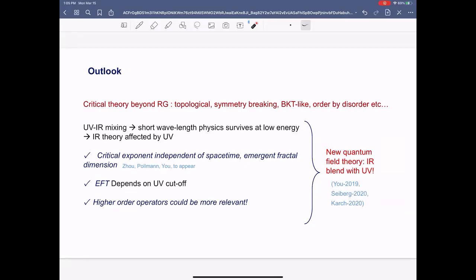At the quantum critical point, if you measure the XX correlator, the energy density correlator, you find the scaling dimension is not related to the space-time dimension, albeit this is a 2D local lattice model. The scaling dimension of the operator is ln 3 over ln 2, which is exactly the spatial dimension of the 2D Sierpinski triangle. This is one of the examples I know. I see. Thanks.